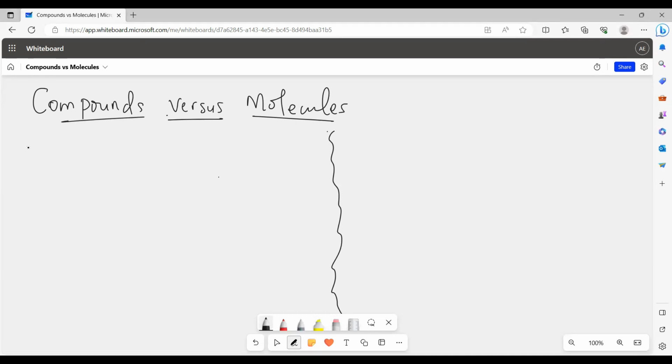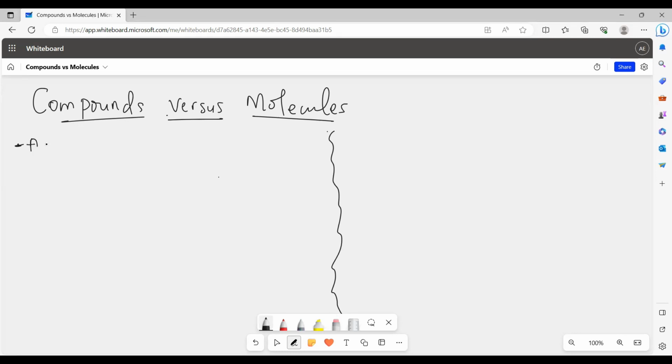A compound is actually a substance that is formed when atoms of different elements are bonded together. You have atoms of different elements bonded together. Let me put it down so you can see.